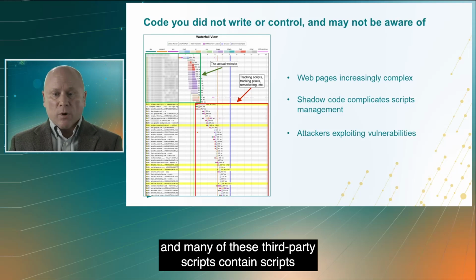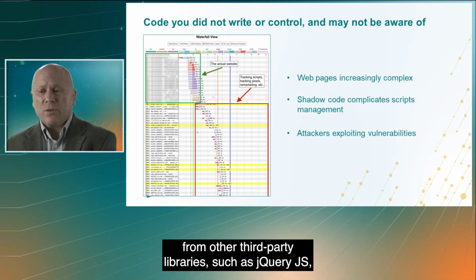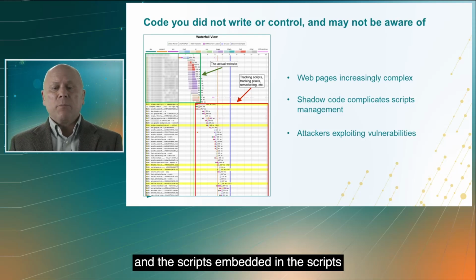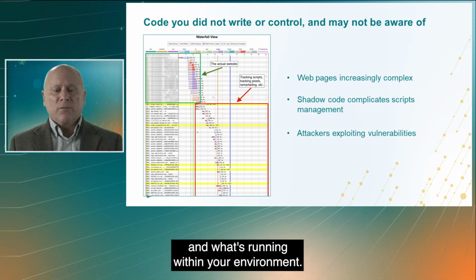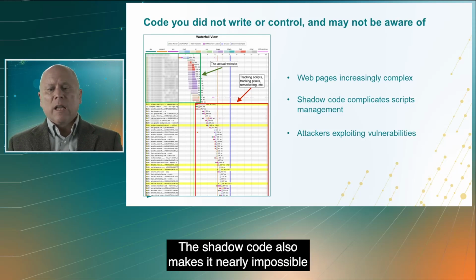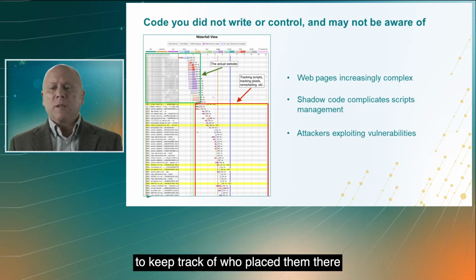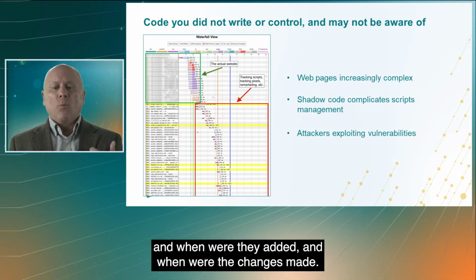And many of these third-party scripts contain scripts from other third-party libraries, such as jQuery.js. The scripts embedded in the scripts make it extremely difficult to understand where they exist and what's running within your environment. The shadow code also makes it nearly impossible to keep track of who placed them there, when they were updated, when they were added, and when changes were made.